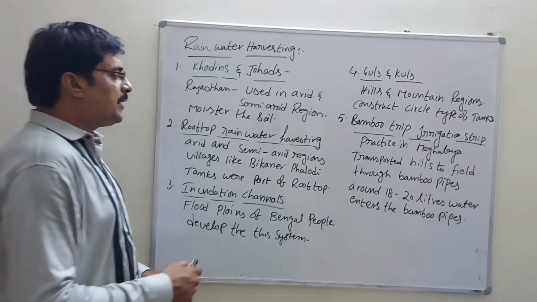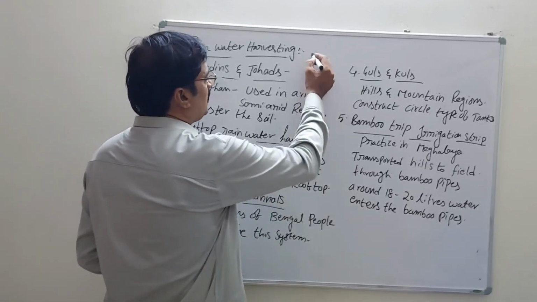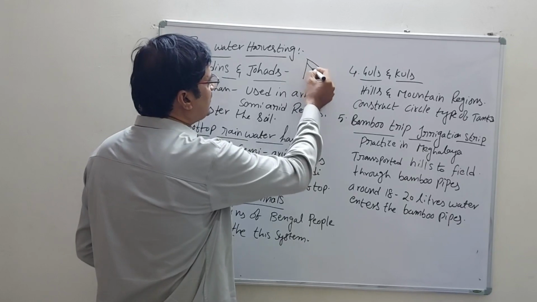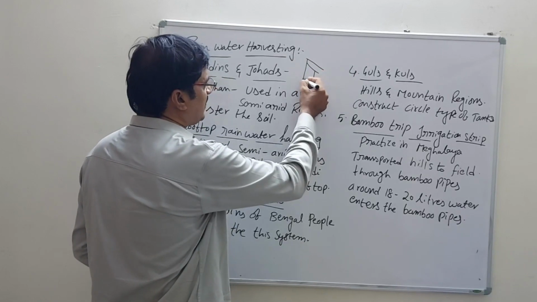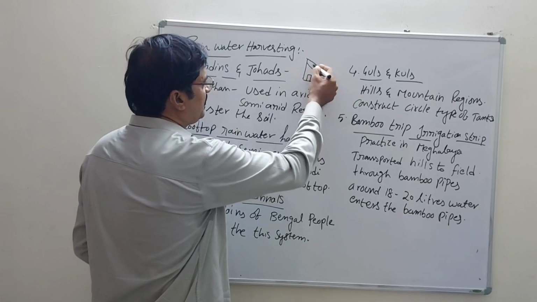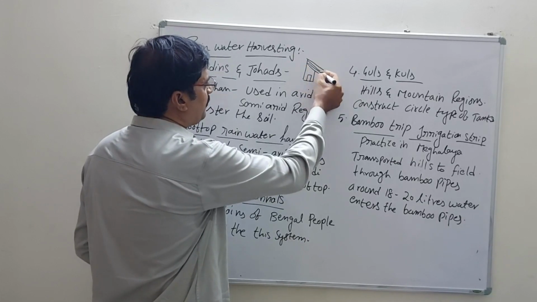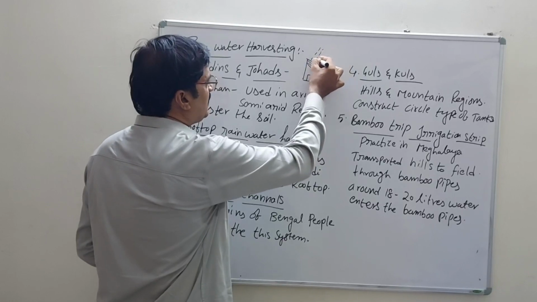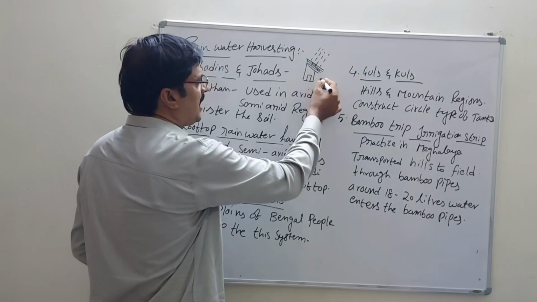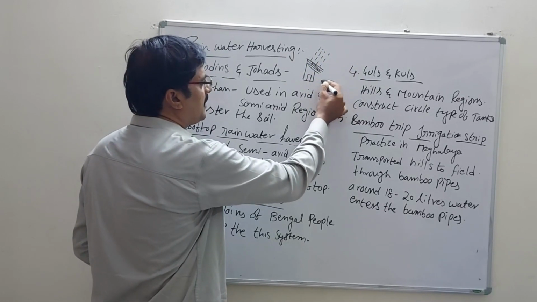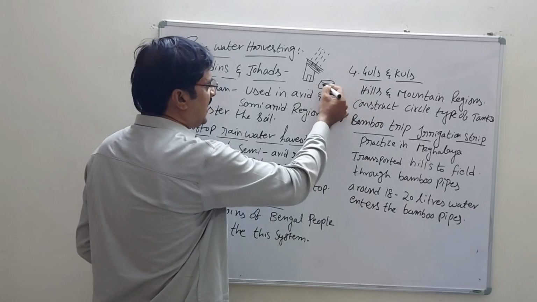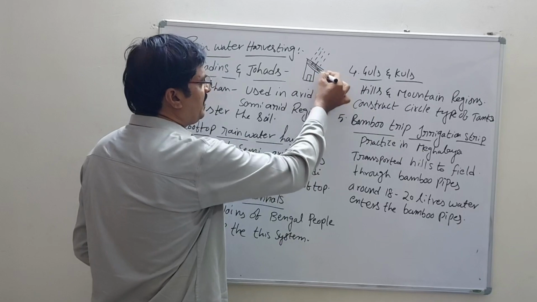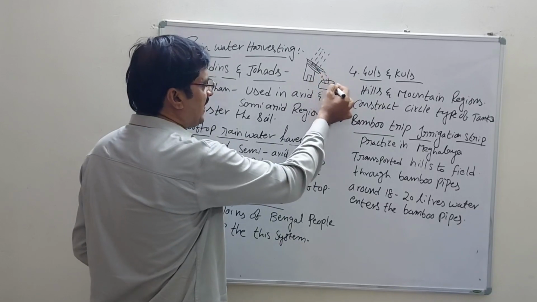That means the houses are constructed in such a way that they arrange some kind of roofs. Water flows over the roofs, and they construct tanks where the roof water is filled.